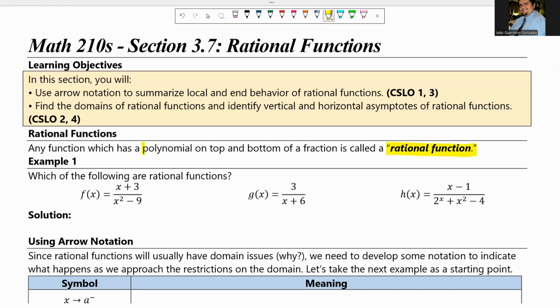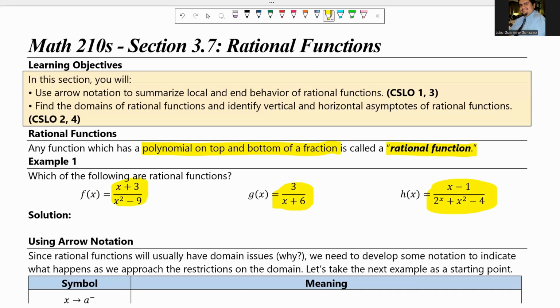A rational function is anything that has a polynomial on the top and bottom of a fraction. Okay. This is a rational function. Okay. So I've got a collection here. 1, 2, 3.